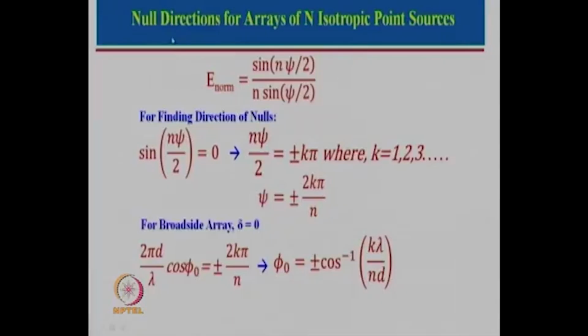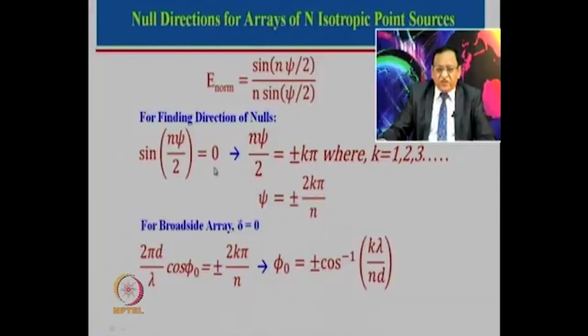Null direction. So, this is our array factor. When will be the null? Whenever the numerator becomes 0, except for the condition that psi should not be 0, because there it becomes 0 divided by 0, and that is the maximum value. For all other values, wherever this becomes 0, we would like sin(n psi by 2) to be 0, which will give us the direction of null.